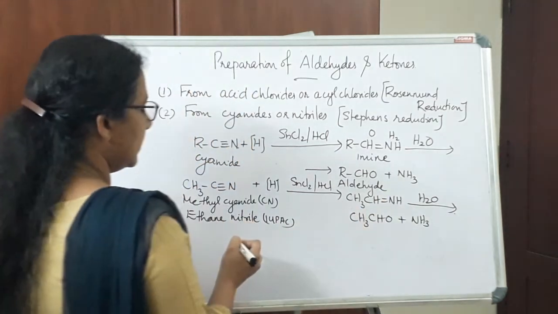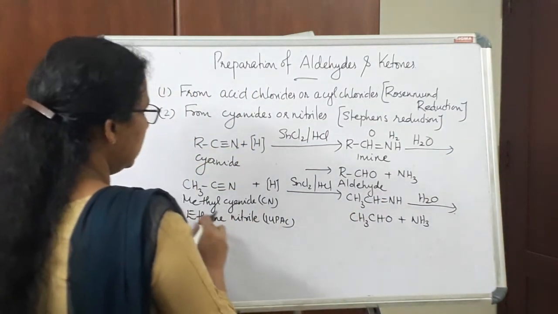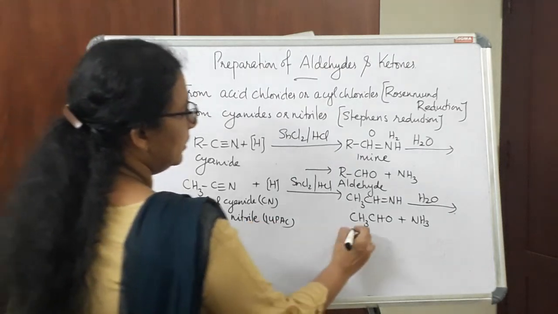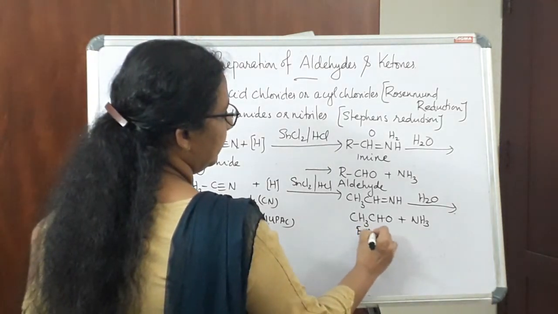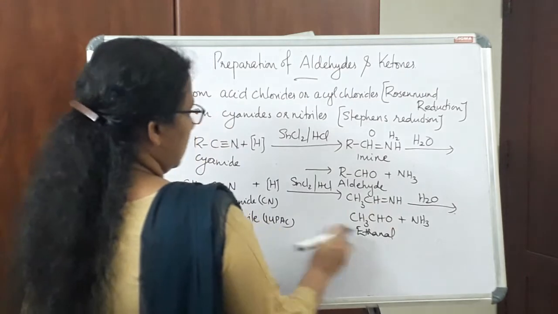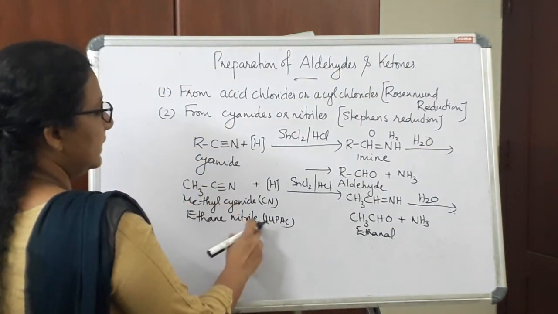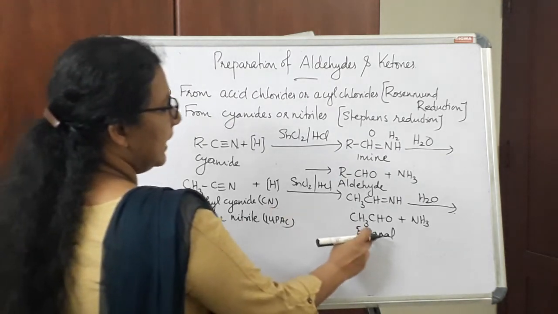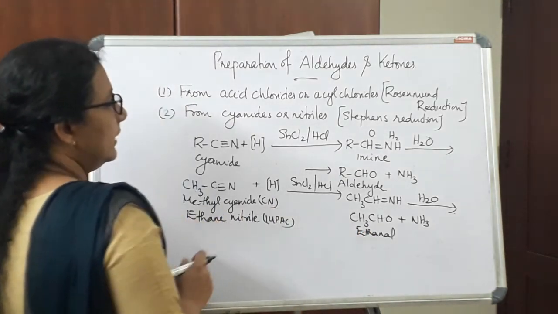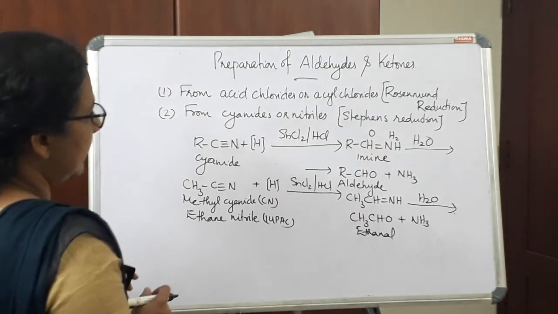CH3CHO will be produced in this case. That means ethane nitrile is converted to ethanal. So that is another example for Stephen's reduction.